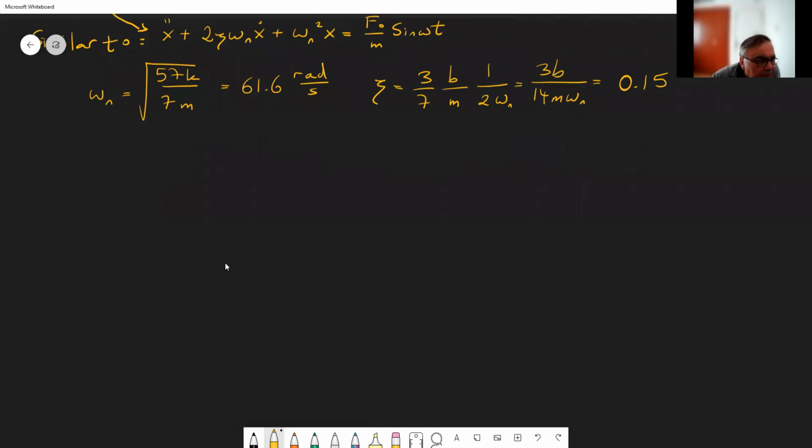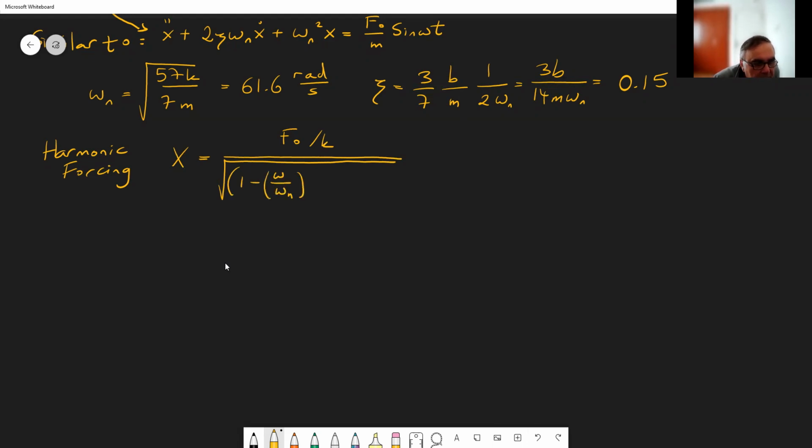Now remember, for harmonic forcing, we had the amplitude x equal to F0 over k divided by square root of... This is for the translational case.